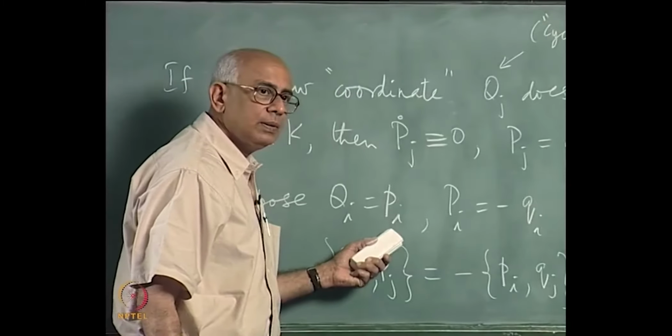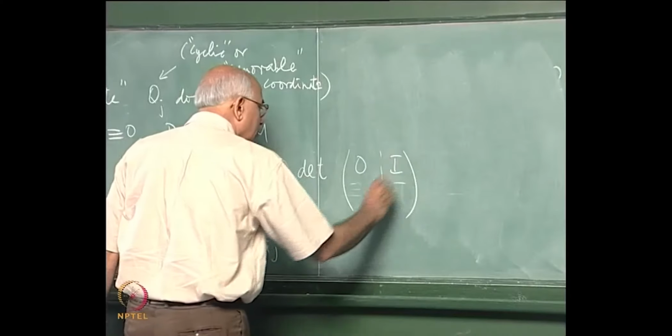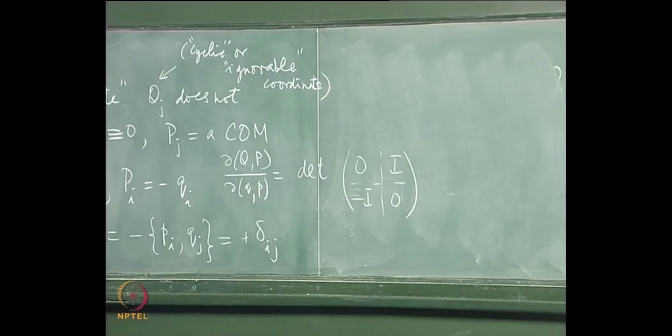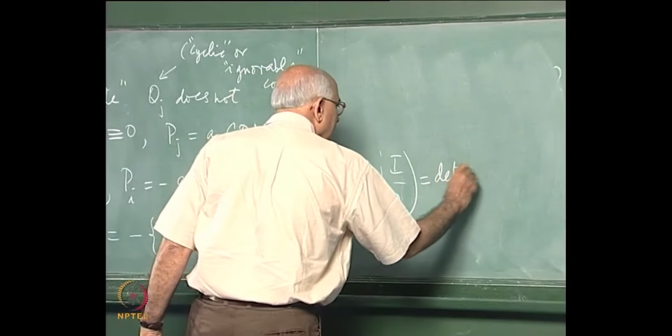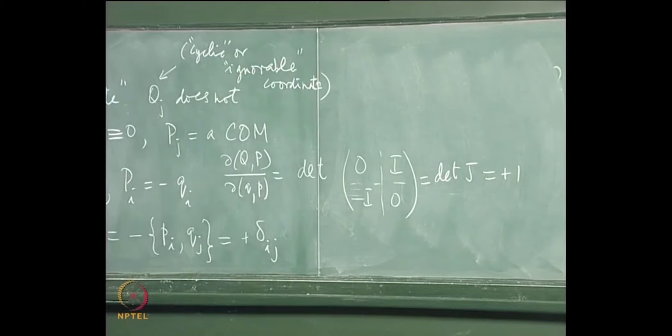Just the unit matrix here, you get minus the unit matrix here and 0 here, and of course you recognize this matrix, it is J itself. So this is equal to determinant J equal to plus 1. Since it is an even dimensional matrix, it is unimodular, the determinant is plus 1. Therefore this is a canonical transformation.